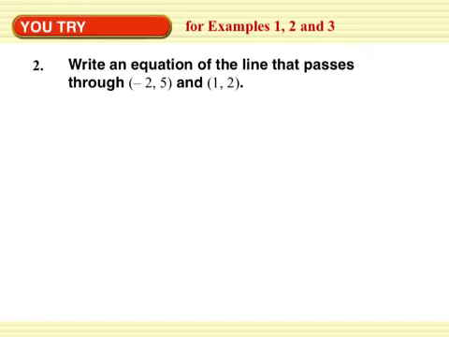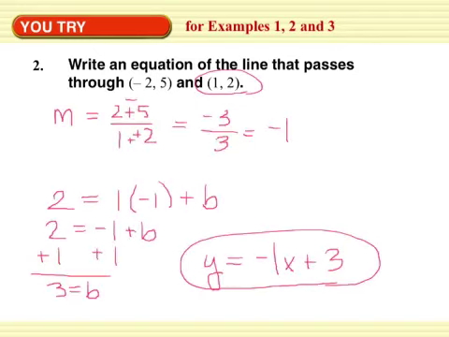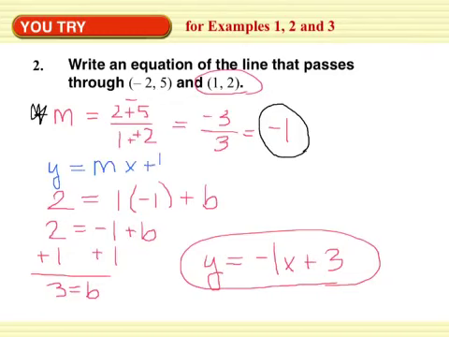Another you try. Please try it independently. Okay, class, it's important to realize this point because you're going to come across this problem in your homework. Write an equation of the line that passes through 2 points. First thing I did was calculate the slope. I got -1. The second thing I did was pick one of these 2 points, either that one or that one. It does not matter. And I used y equals mx plus b.